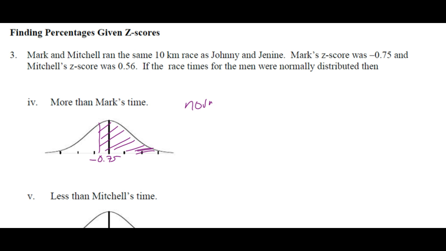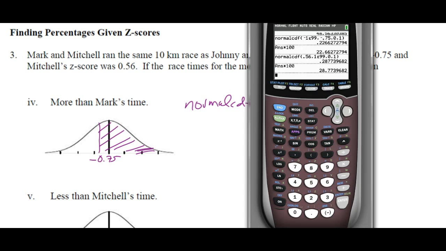So now you do normal CDF, negative 0.75, 1E99. Second distribution, number 2, normal CDF, negative 0.75, 1E99. That stays the same. How do you do the 1E? Second function, comma brings in the E, and then put a 99.